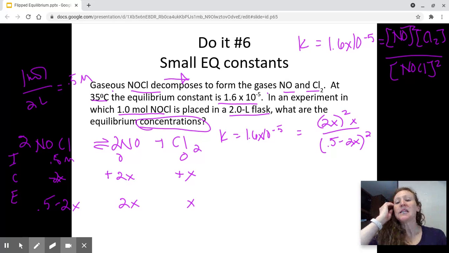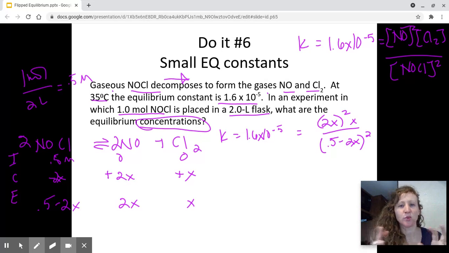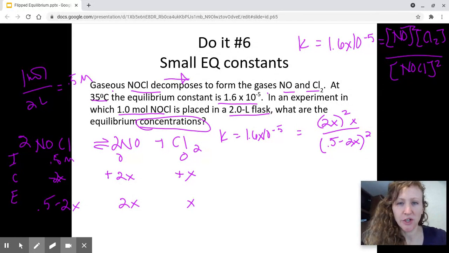So here's the approach. We could push this forward, use the quadratic equation, multiply, expand, reorganize, plug it into the quadratic equation, solve out an answer for x, just like we did on the last one. However, before we do all that, let's make a consideration.